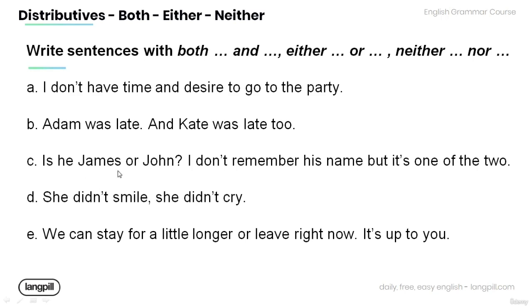C. Is he James or John? I don't remember his name, but it's one of the two. D. She didn't smile. She didn't cry. E. We can't stay for a little longer or leave right now. It's up to you.